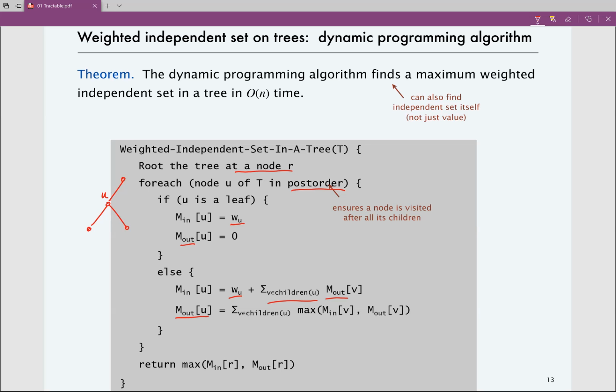The overall time complexity for this algorithm is simply a post-order traversal, because at each node the complexity is just a constant. For the leaves, we just set two values here.